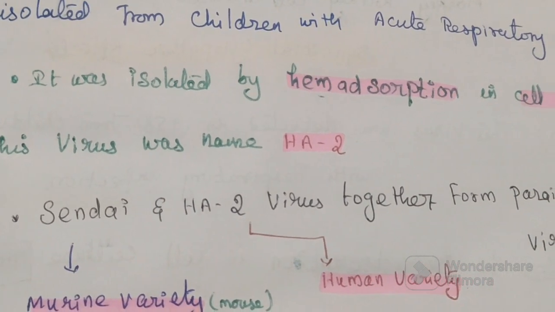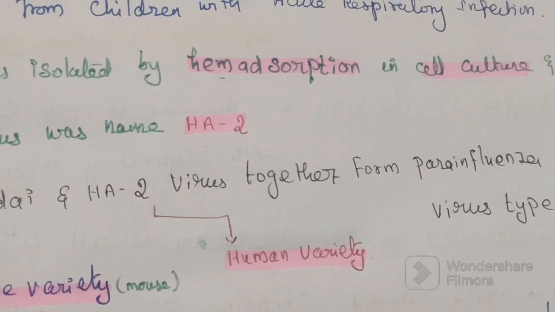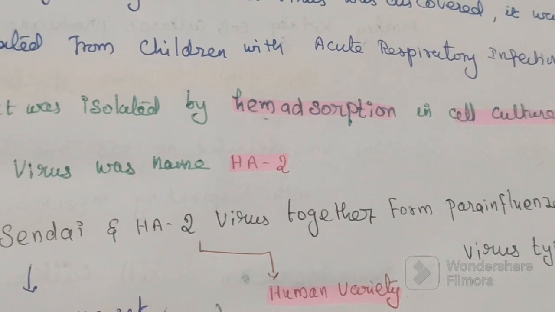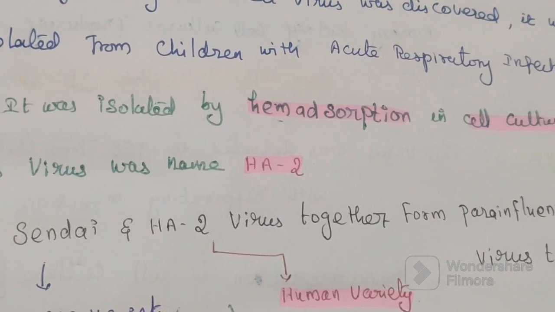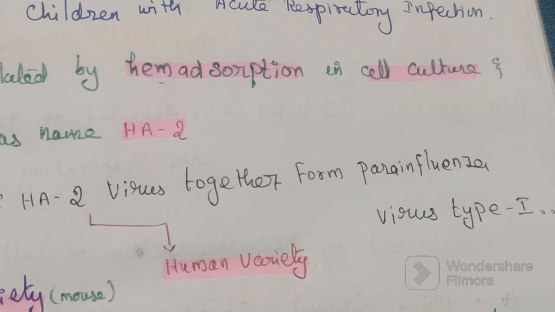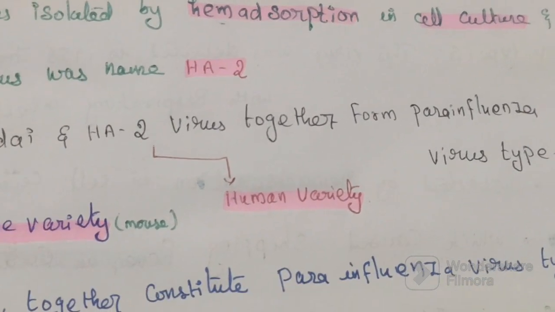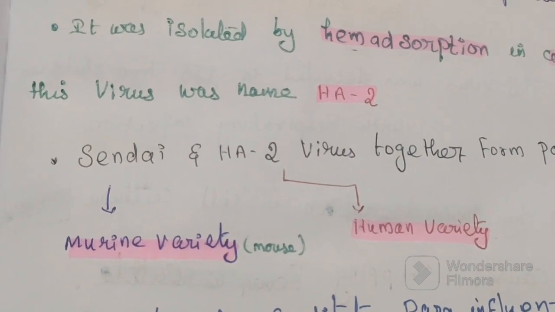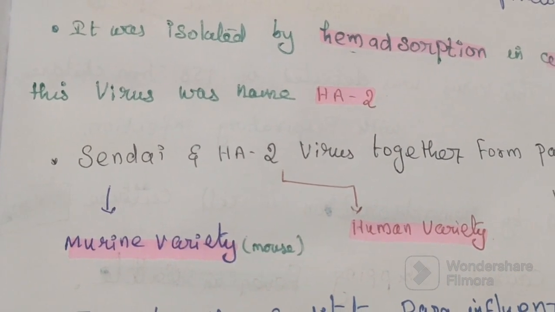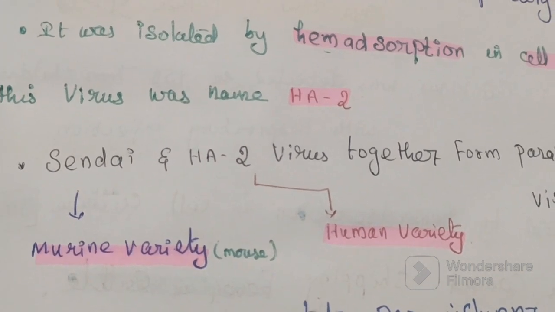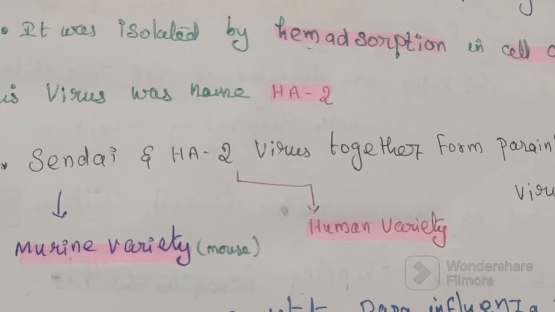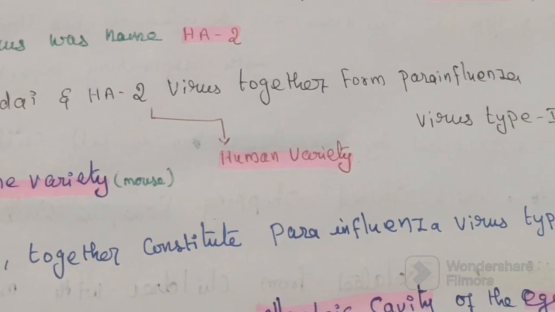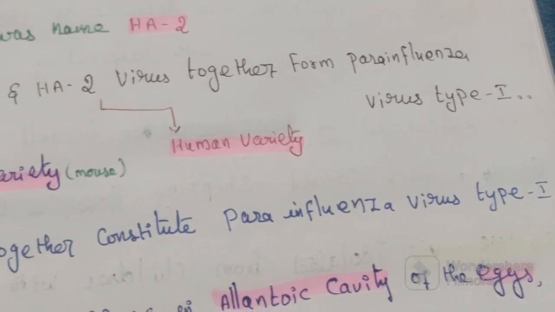Sendai and HA2 virus together form Parainfluenza virus type 1, in which this Sendai virus is the murine variety, that means it is present in mouse, and HA2 virus is the human variety. Two together constitute the Parainfluenza virus type 1.